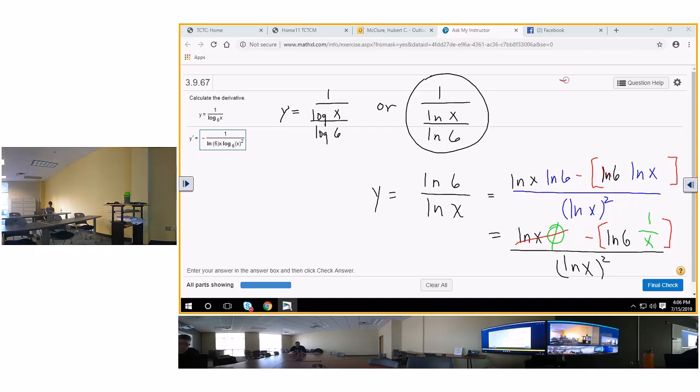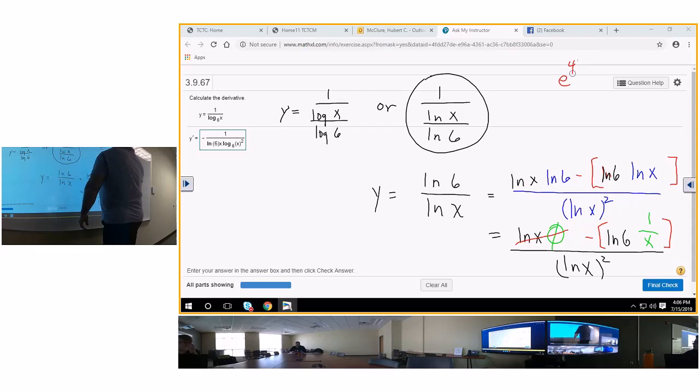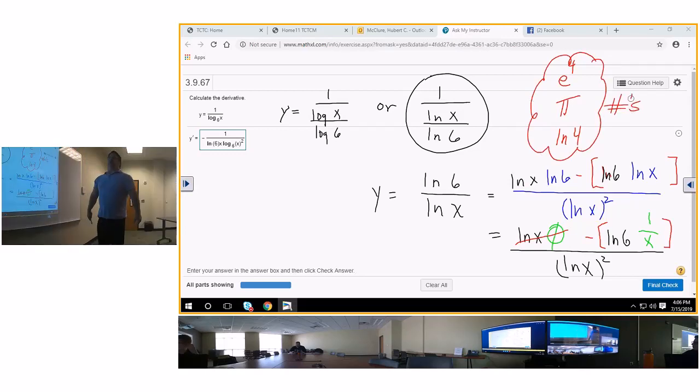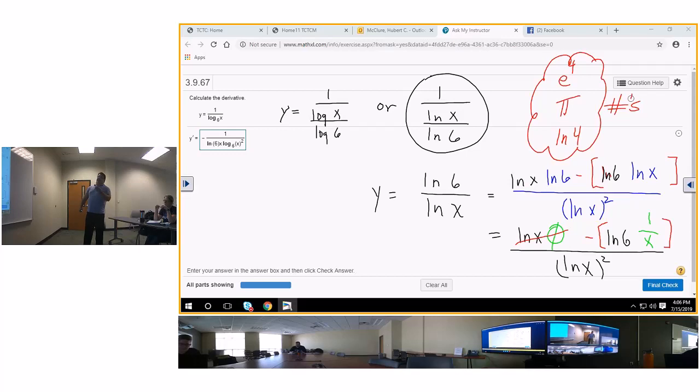E to a number, e to the 4th. Pi, natural log of 4. These are numbers. The derivative of a number is 0. Remember that. Teachers love to put those in these problems.